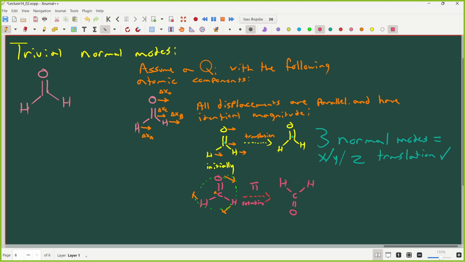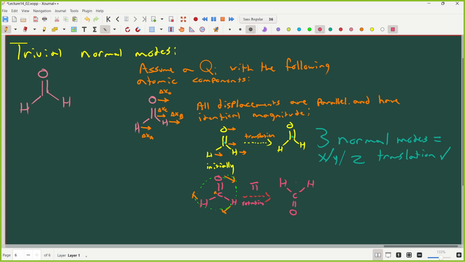Once again, I have a collective motion of my atoms. They're all moving. My motion is a linear combination of all the motions of the atoms. But the net result is that the system hasn't changed at all. I haven't displaced any of the bonds. I've just rotated the molecule. Again, this is just rotation.